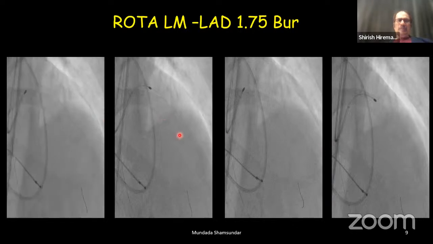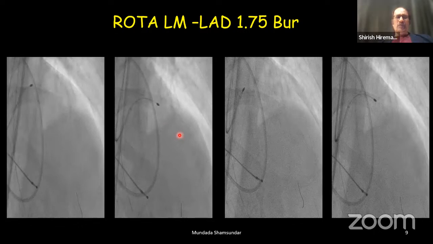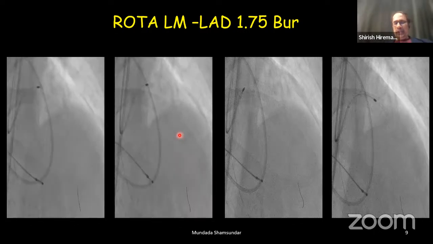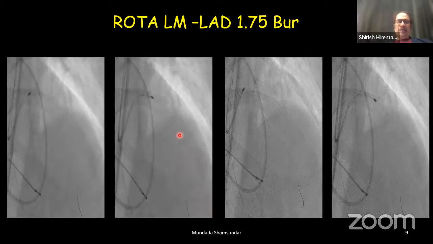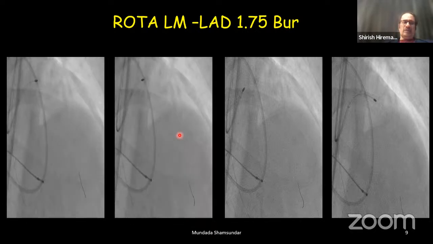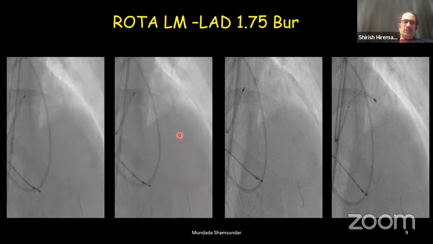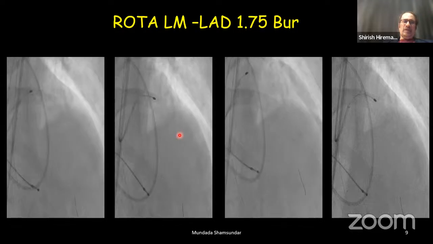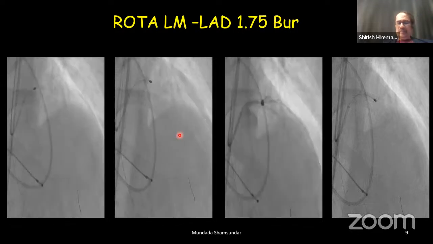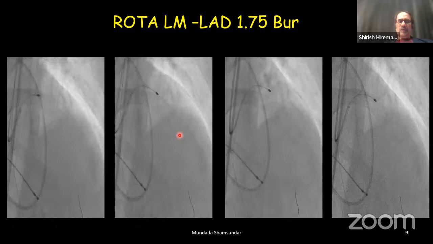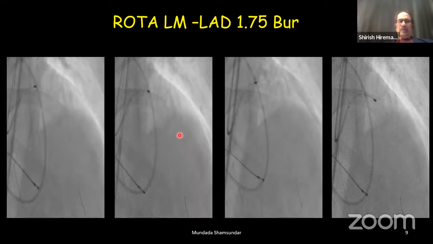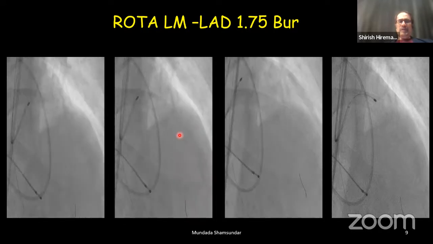The fluoroscopy also showed calcium. And I guess we should have done IVUS to quantify the extent of calcium. 1.75 burr.